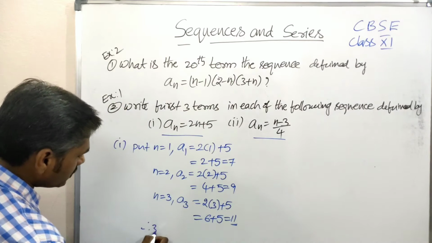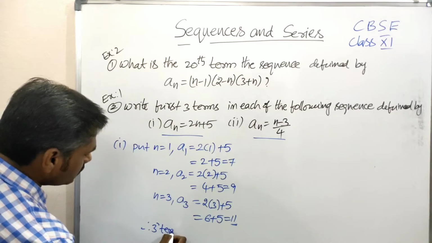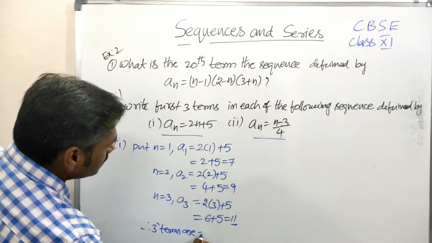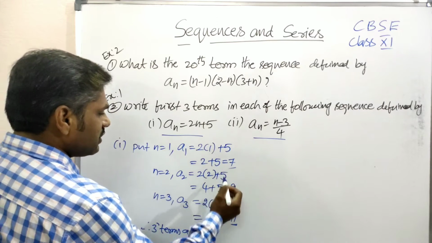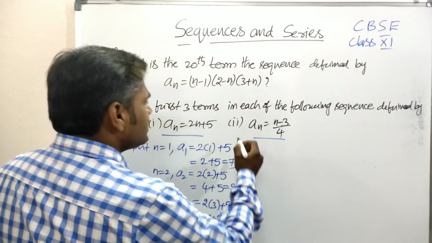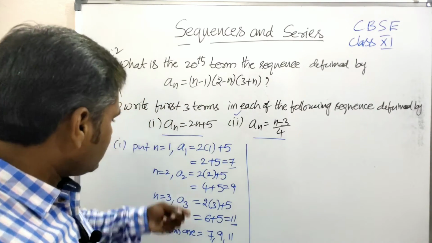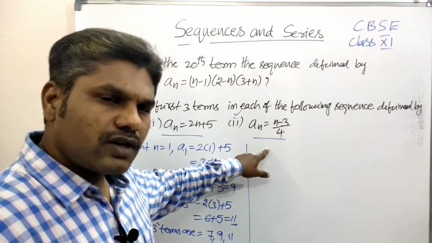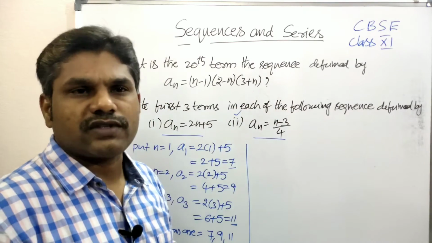Therefore the 3 terms are 7, 9, 11. Now it is easy, as I solved this one, take the other one and find the 3 terms of that sequence.